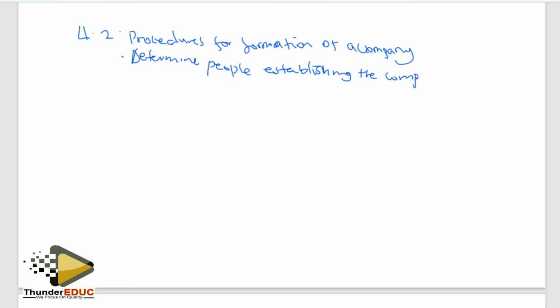You must be very sensitive to how many people are required to start the type of company you want to establish. Therefore, the minimum number is important.